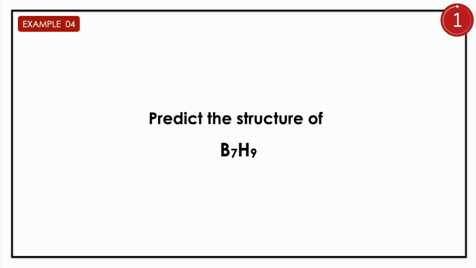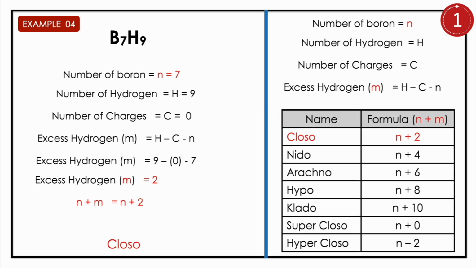Then the next example, B7H9. You have to find the structure using Wade's rule. Here the compound is borane, B7H9, simple system. Answer is straightforward. Just find M. We start with boron. Number of borons are 7, so N is 7. Number of hydrogens are 9, so H is 9.